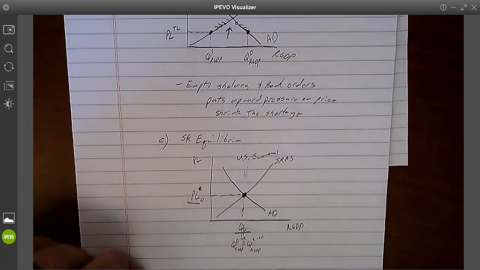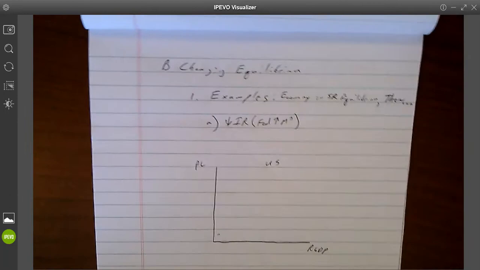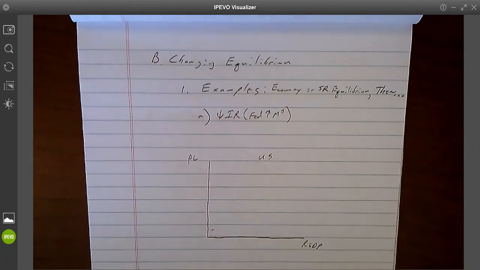All right, now, okay, so there's equilibrium. This is really where the model gets powerful, okay? So we're now going to talk about changing the equilibrium. And really the best way to do this is just with some examples.